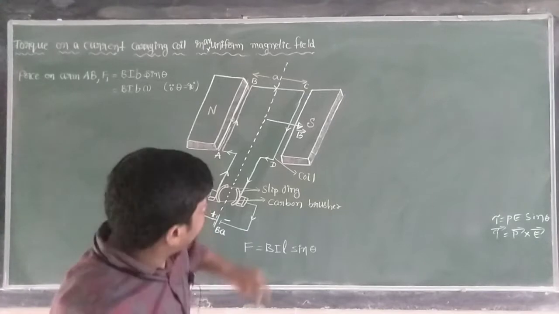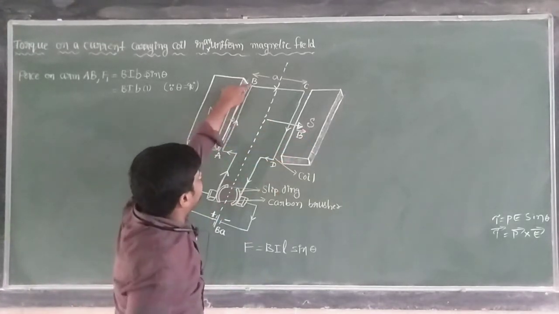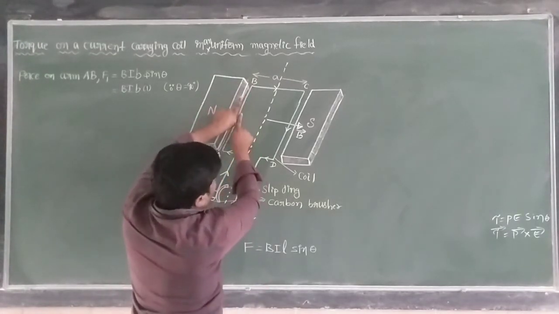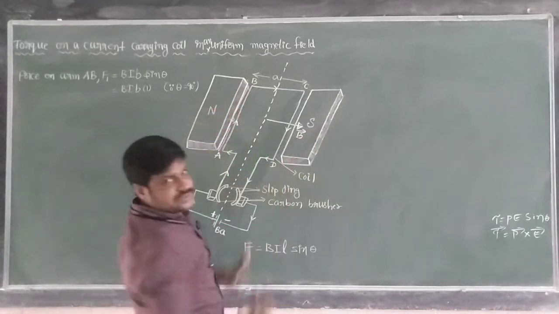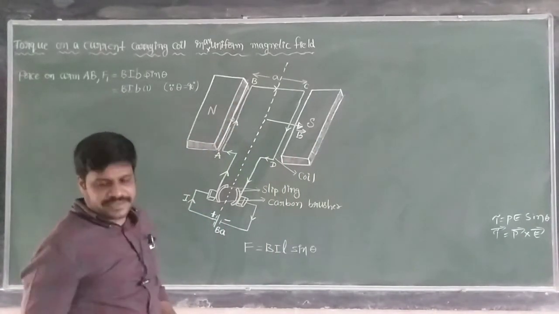You are observing here, this is the direction of magnetic field, and this is the current carrying conductor. Current is flowing like this and magnetic field is like this. Both are perpendicular to each other. Because of this reason, theta is 90 degrees.